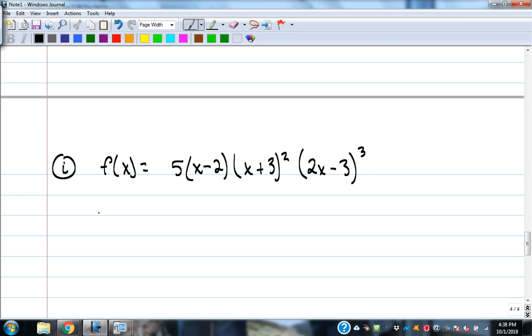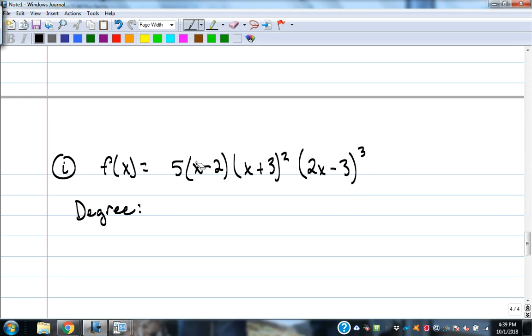Now, here's some things I want to know. I want to know the degree of this polynomial. Think about the degree of each term.